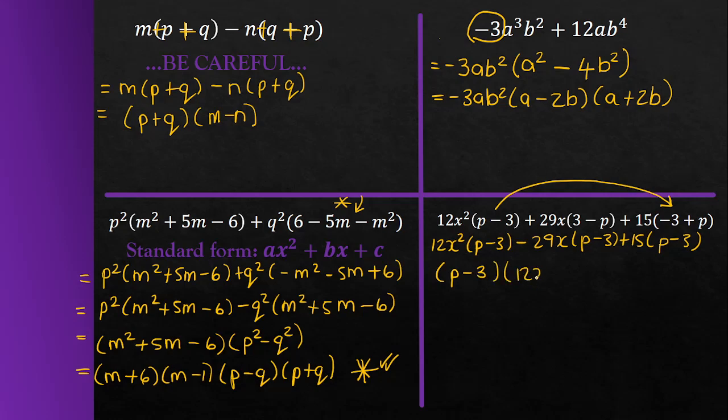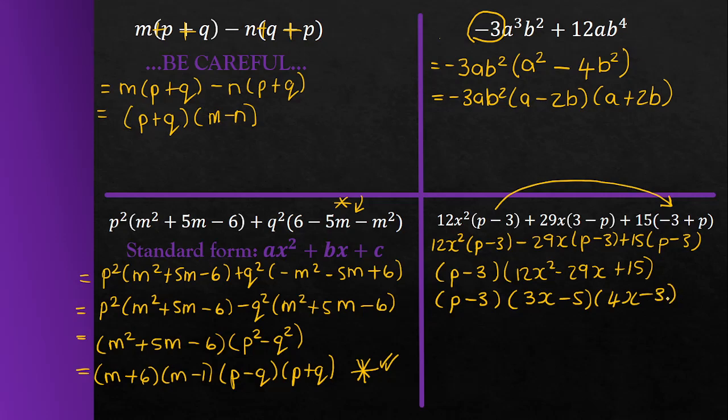And I've got 12x squared minus 29x plus 15. And then at this stage, we need to see if we can factorize that back trinomial, and we can. We're going to get a 3x minus 5 and a 4x minus 3.